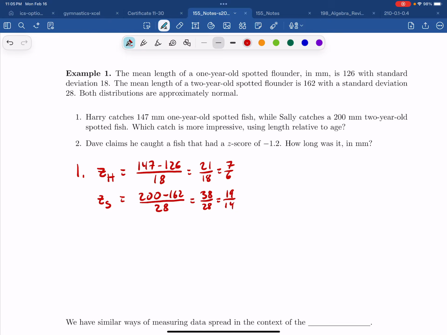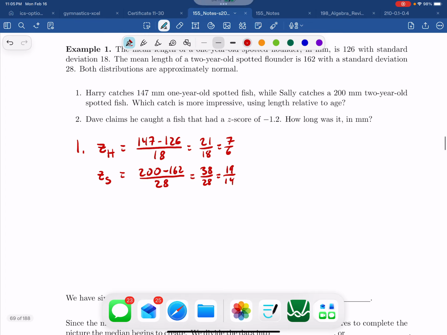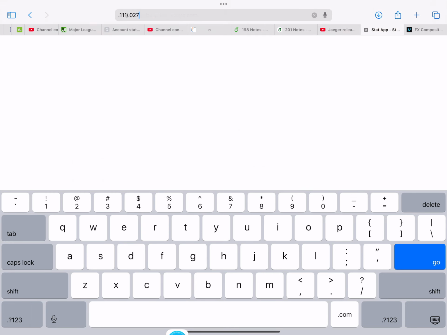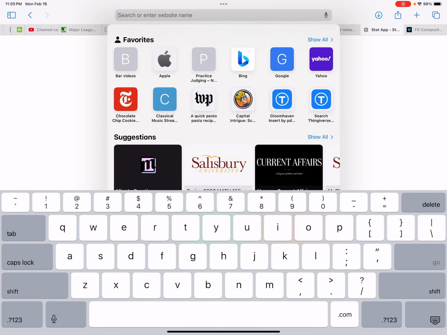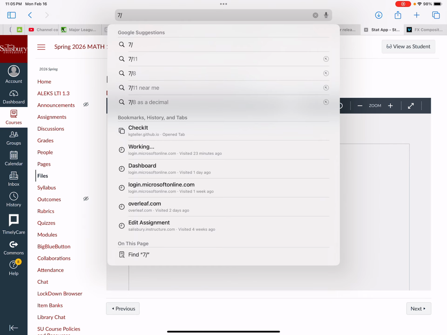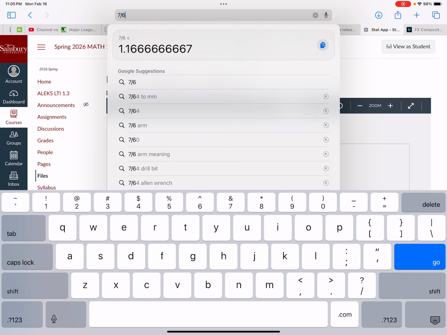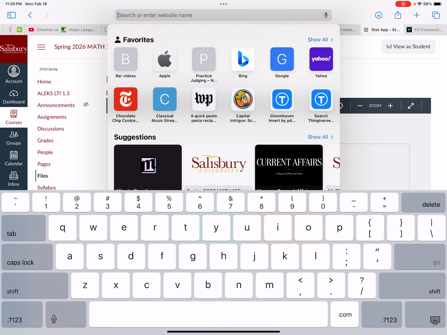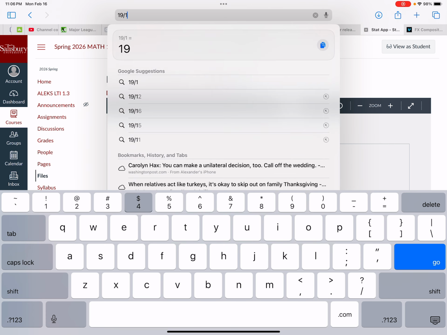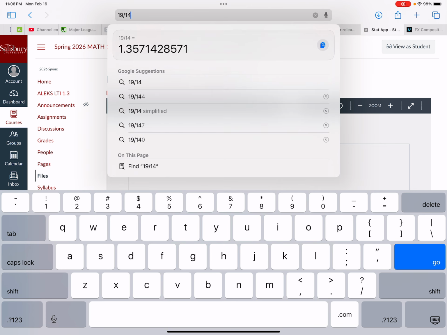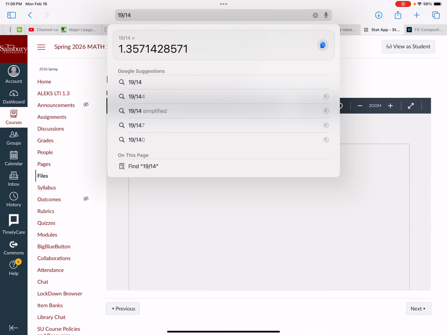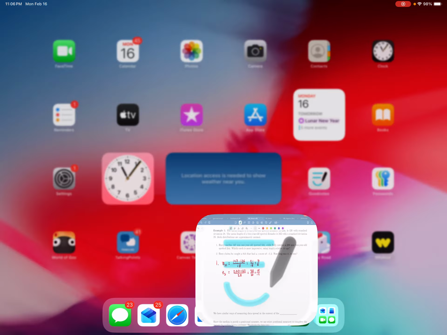I'm not sure it's super clear which is bigger, but 19 over 14 is more impressive. Let's just find a calculator to double check. Here we have 7 over 6, which equals 1.17, and 19 over 14, which equals 1.36.